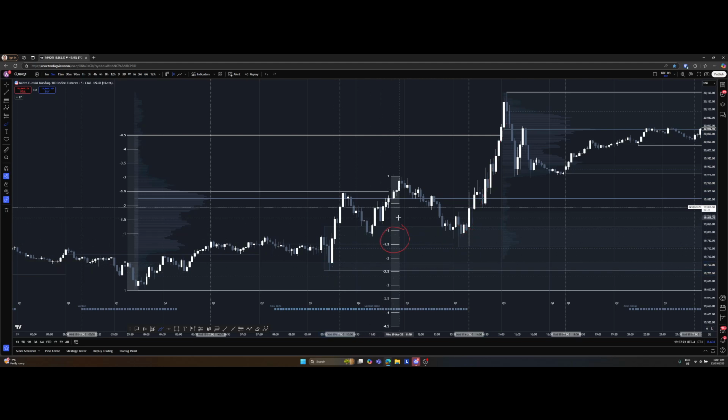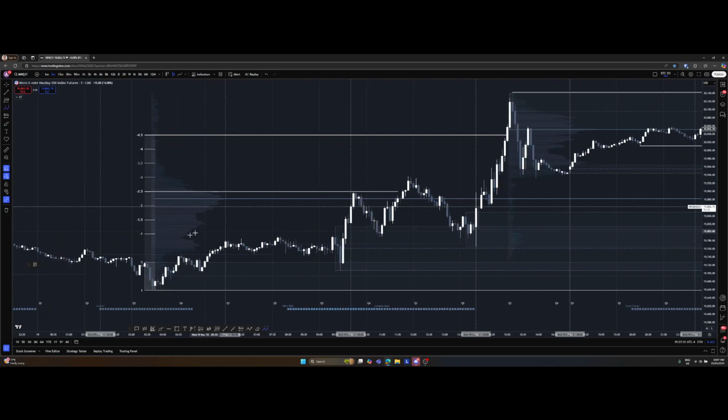The way we can use the SBS fractal with that reaccumulation is once we get that breakout, we've got our first swing, then 3 breaks 1, and then we've got our 4 and our 5, 5 being the lower low.